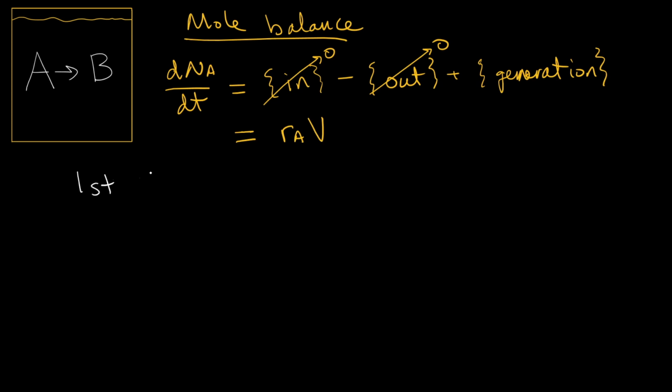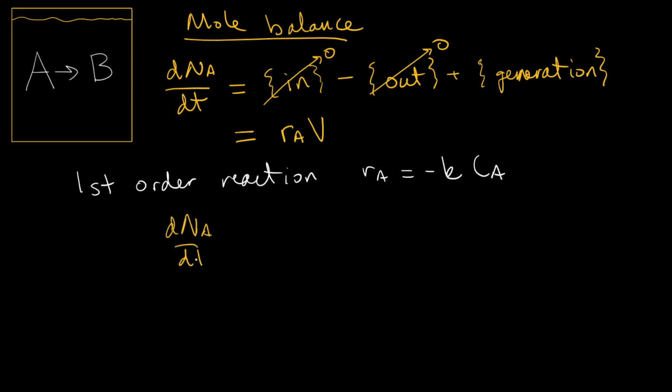Now, since we have a first order reaction for this problem, our RA is equal to minus k times the concentration of A. So this k is our rate constant, and this is a negative sign here because A is being consumed within the reaction. So we can rewrite our differential equation right here as dNA/dt is equal to minus k CA times the volume of the reactor. And you'll notice this is a negative sign. That means that our differential equation here is going to be decreasing with time.